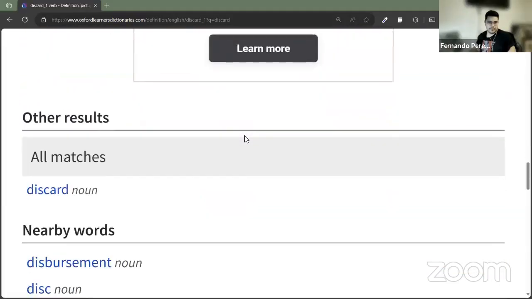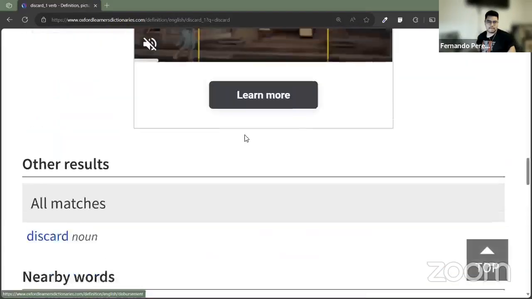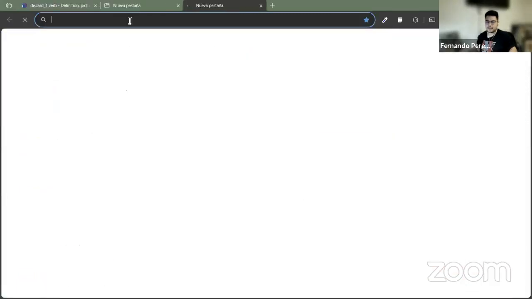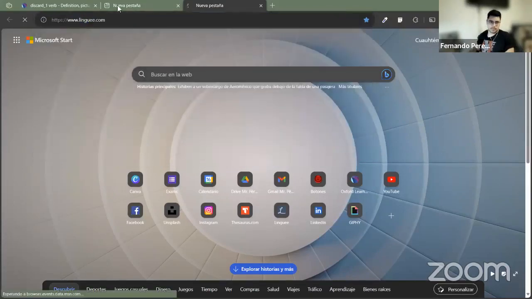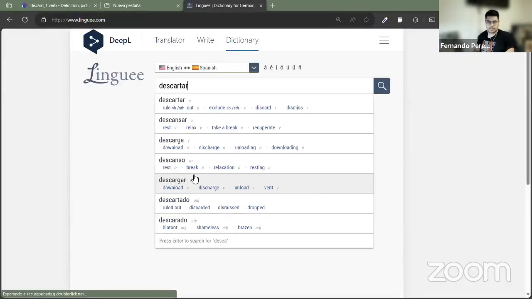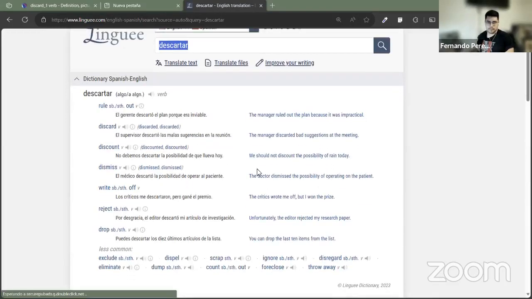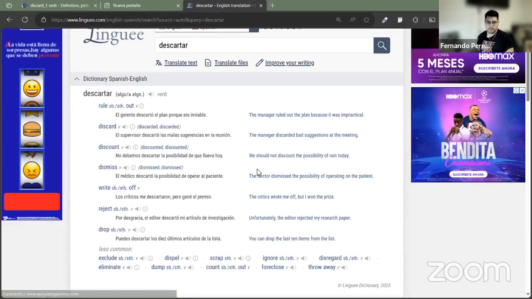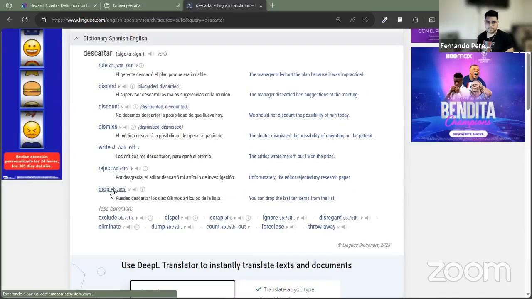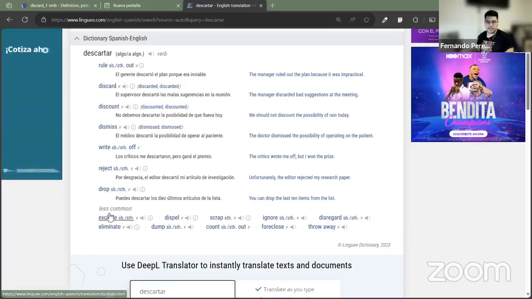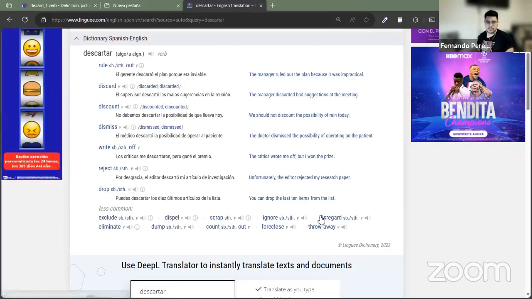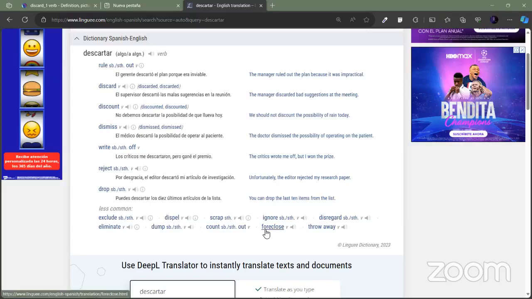How do you say descartar in English? By dropping. Or by elimination, you can say, there's an idiomatic expression. By elimination.